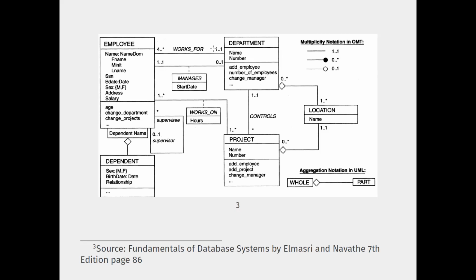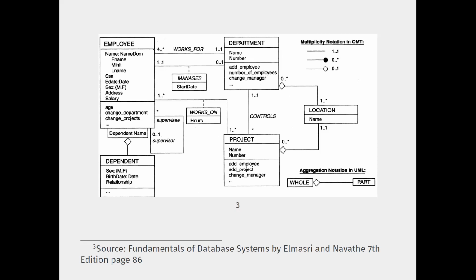This notation is slightly different from what we have discussed. According to the book's notation, this should be one, but that's what this book has used. Since we have discussed one there, this should be changed accordingly. And then the department can have, here it says 4 or more.